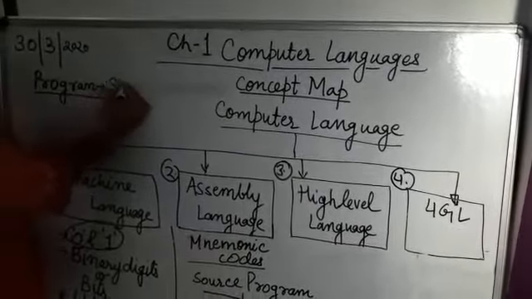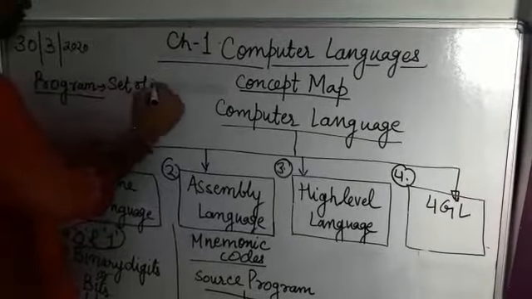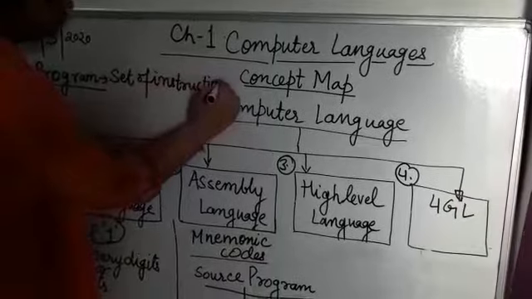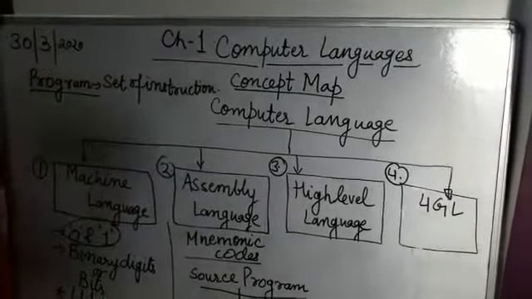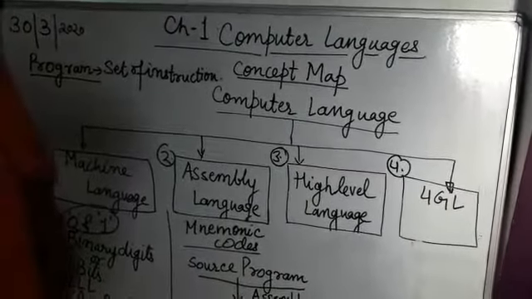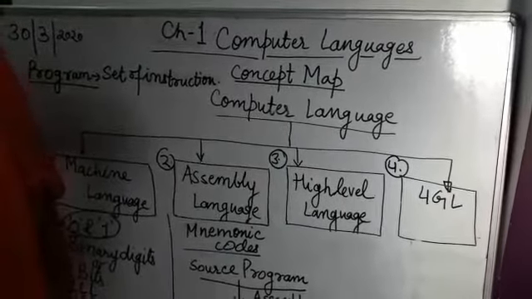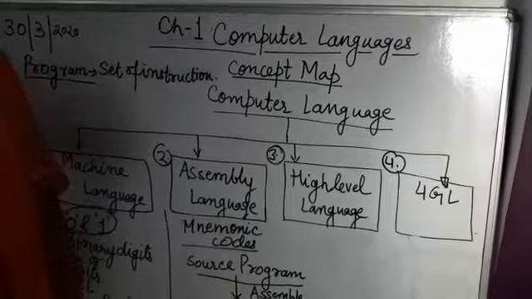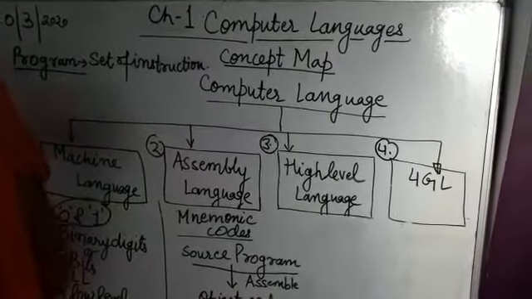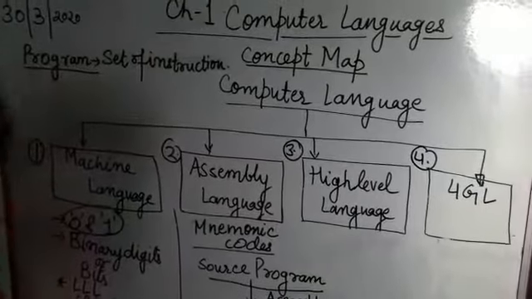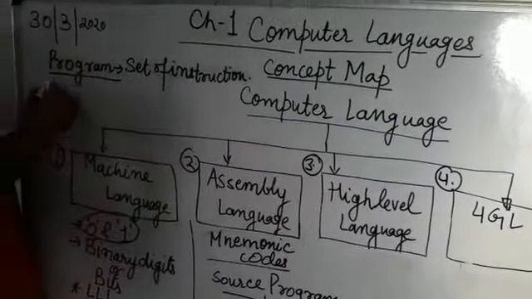Okay, it is a set of instructions. What do you mean by a set of instructions? It means when you are coming to a class, the teacher is giving you instructions: take out your book, bring your copy, bring this book. This is the set of instructions that is known as a program. And the person who writes the program is known as a programmer.